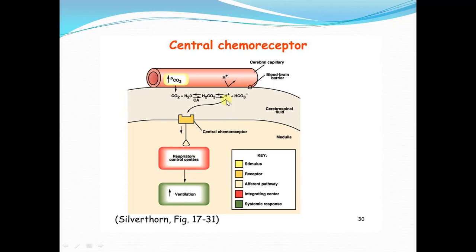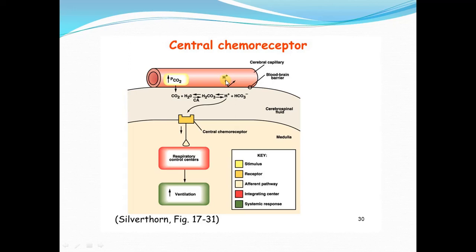So the hydrogen ions are produced within the CSF and within the interstitium. However, the cause of the increase in concentration of hydrogen ions is an increase in the partial pressure of carbon dioxide in the arterial blood. So that is how the central chemoreceptors are stimulated, and you can see that the hydrogen ions present in the blood cannot cross this barrier, the blood-brain barrier, a barrier present between the blood and the brain.